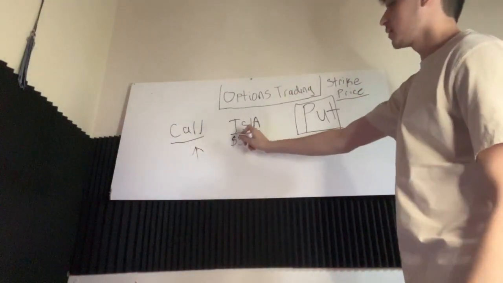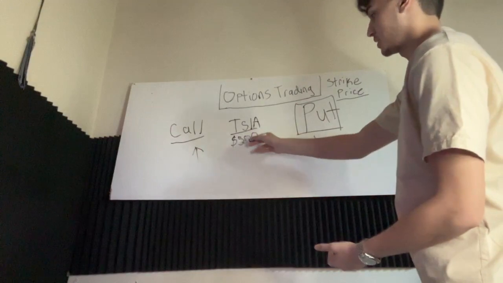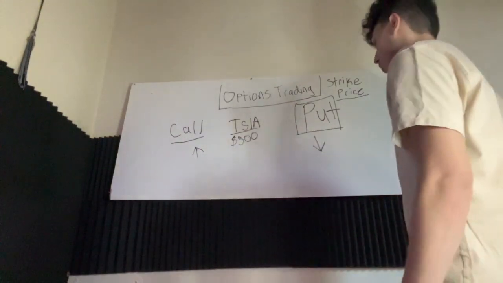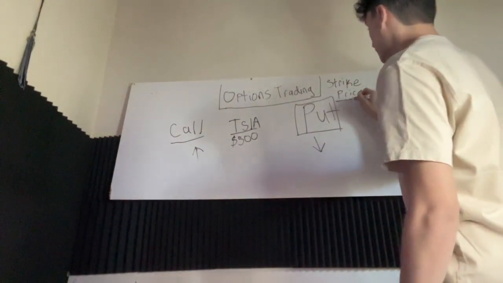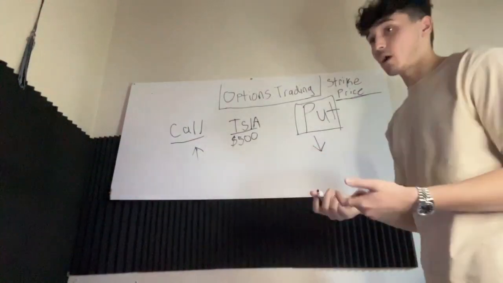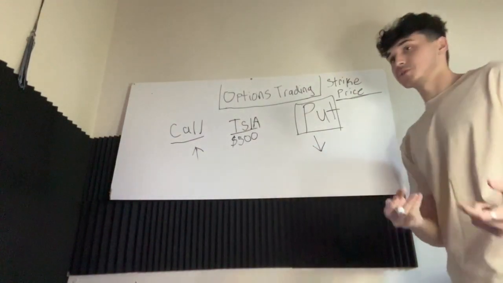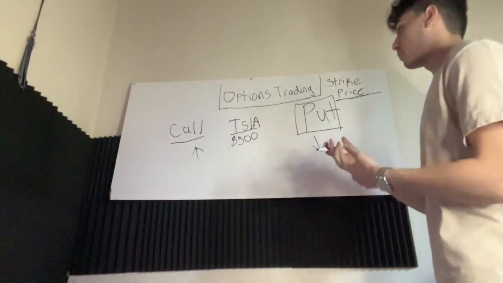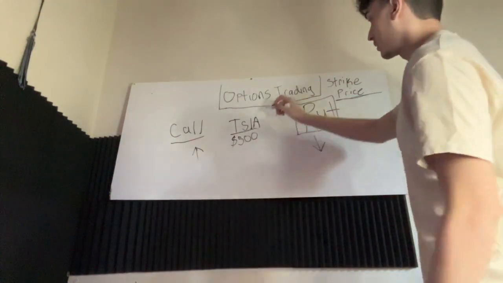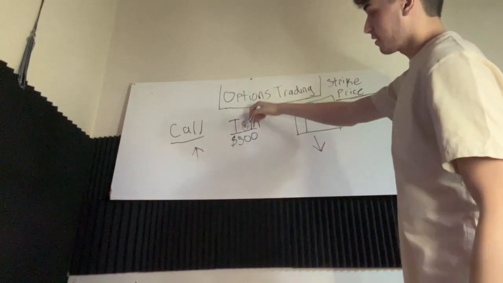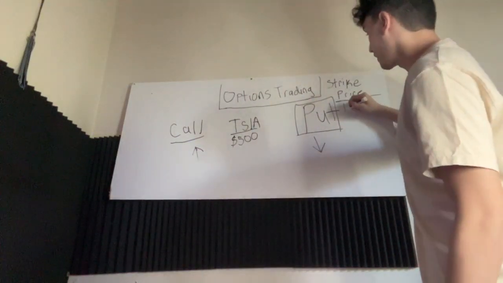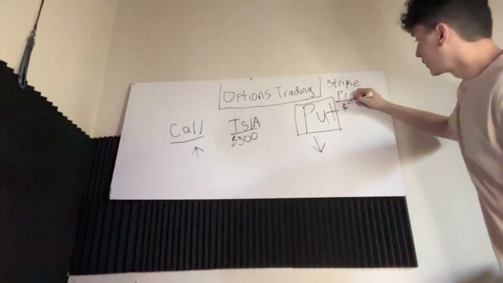Let's say, like I just mentioned, Tesla is at $500. The option contracts and strike prices are pretty much the same when I mention that.